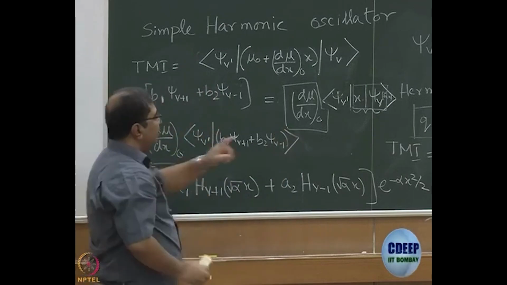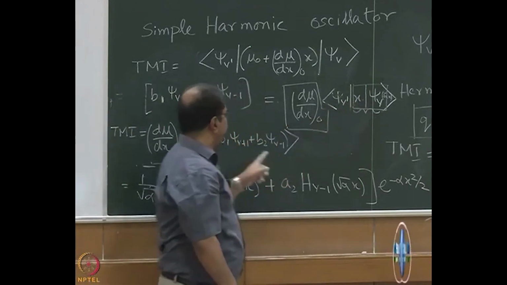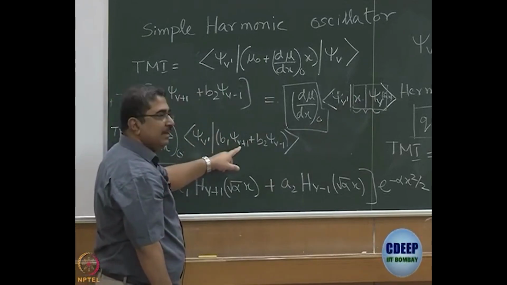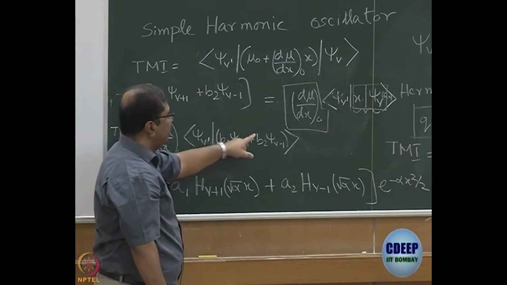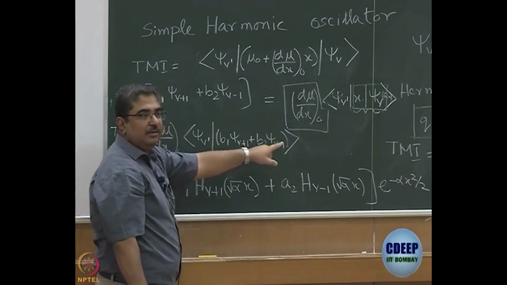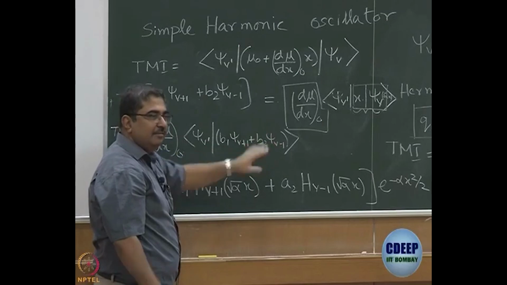Instead of x into psi v, we have found out we can write b1 multiplied by psi v plus 1 plus b2 multiplied by psi v minus 1. Are we clear?